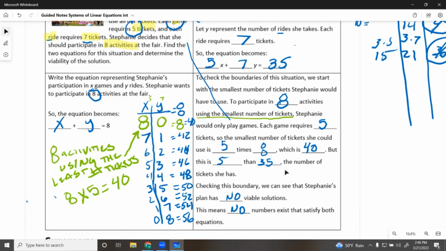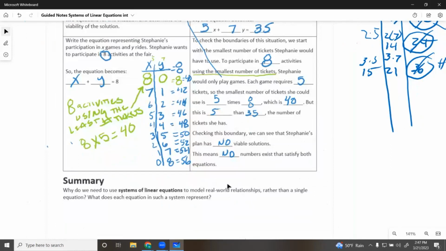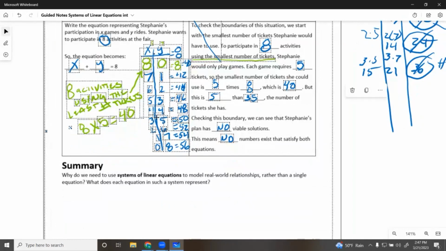Okay, and then we need to complete the summary. The gist of the summary is, why do we use systems of linear equations to model real-world relationships? Well, a system of equations is easier to solve than to do these guess and check tables.